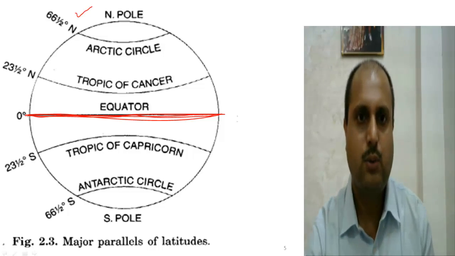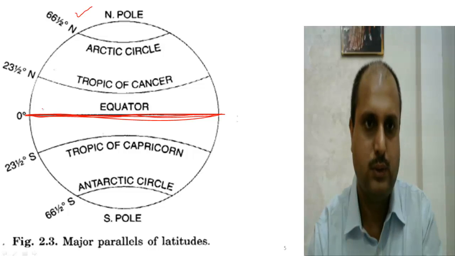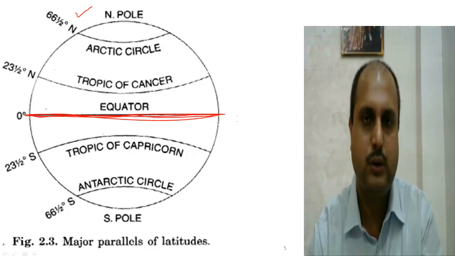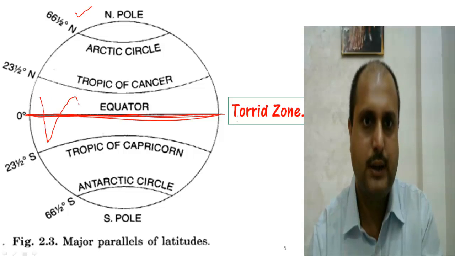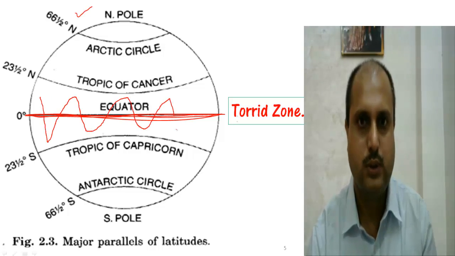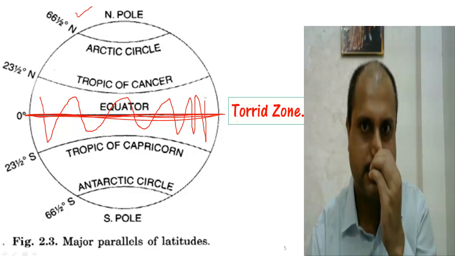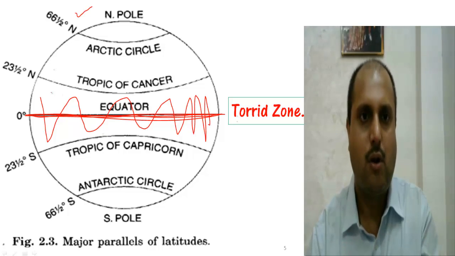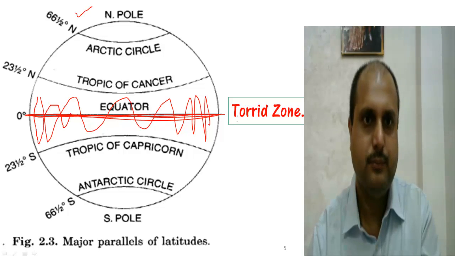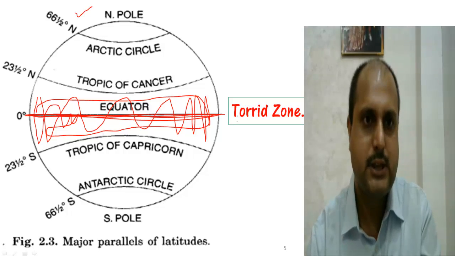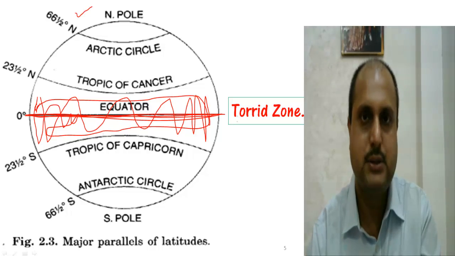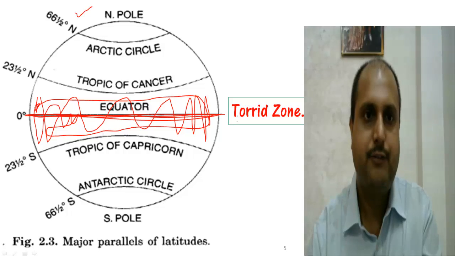Now if we try to divide our globe on the basis of zones, this total area is called the torrid zone, because this area receives the maximum amount of heat from the sun. At the same time, rainfall also happens in this area.